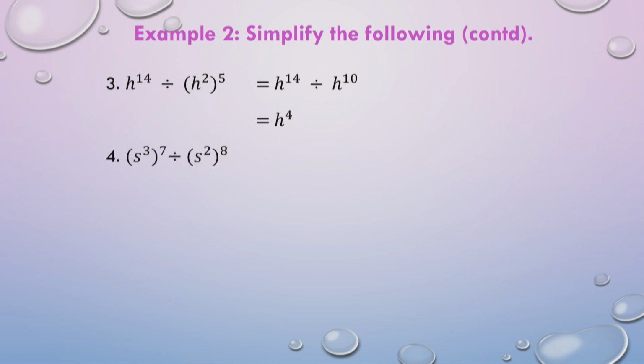Next one, s cubed raised to the power of 7 divided by s squared raised to the power of 8, which gives s to the power of 21, 3 times 7 is 21, divided by s to the power of 16. So I subtract the powers and I get s to the power of 5.